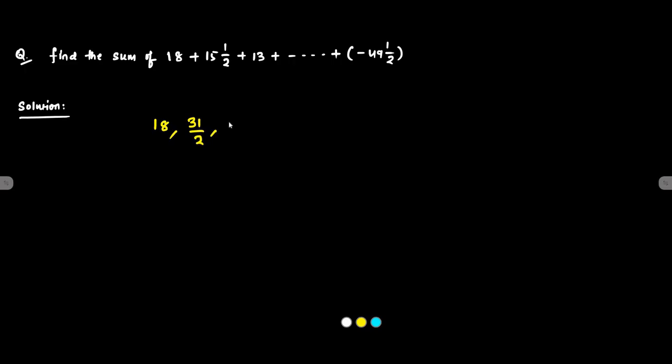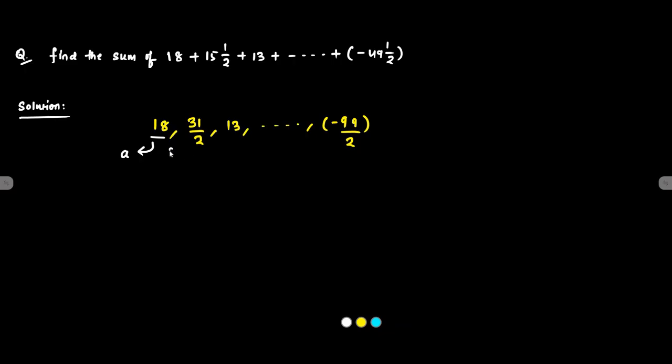Then we have 13, then we have minus 49 whole 1 by 2, so it becomes minus 99 by 2. Here, this is the first term.